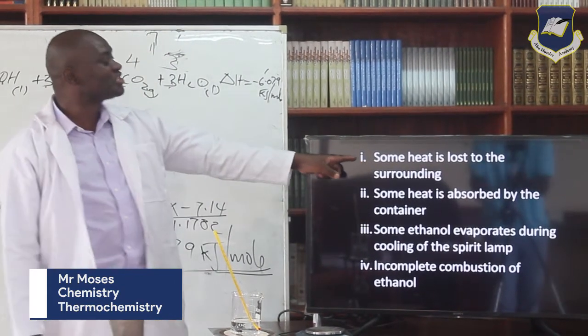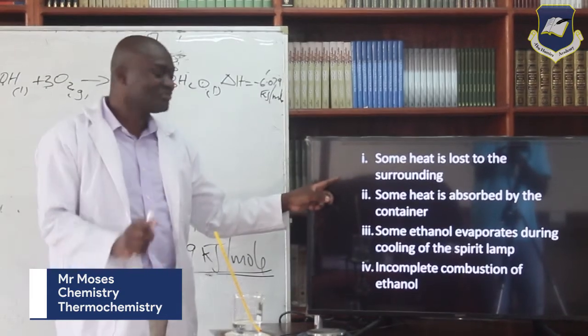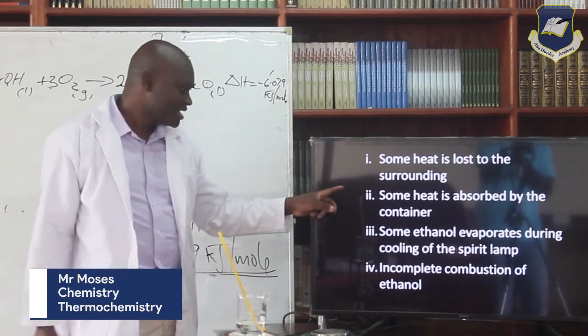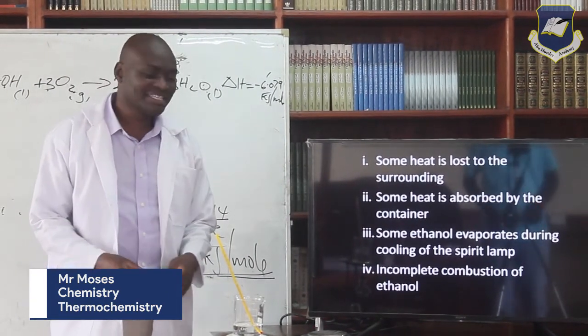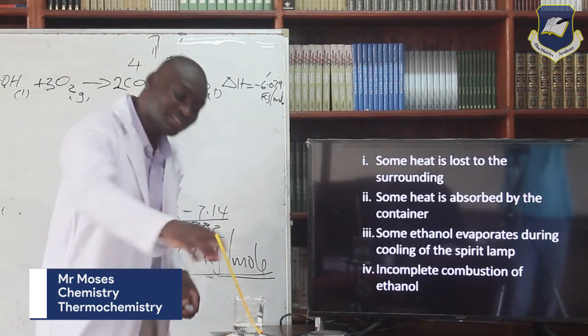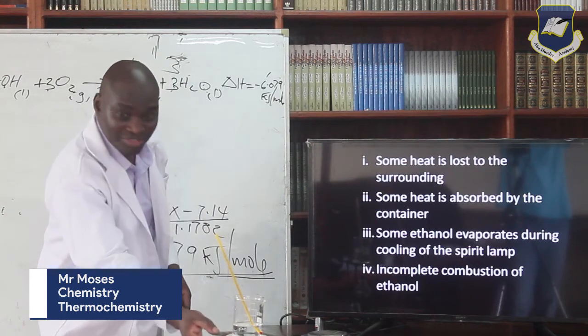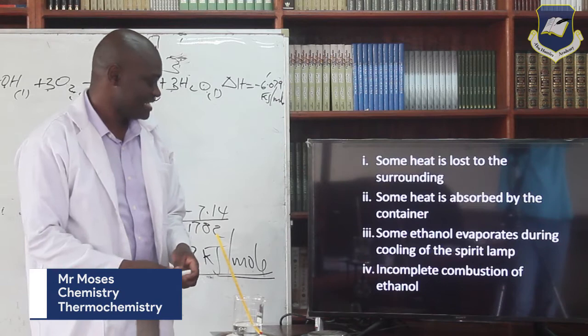So that one introduced a source of error. The second source of error, why this value will be lower than the theoretical value, is some heat is absorbed by the container. So this container, the beaker, also absorbs heat. Even the wires also absorb heat. So there is that heat which is lost in the process.